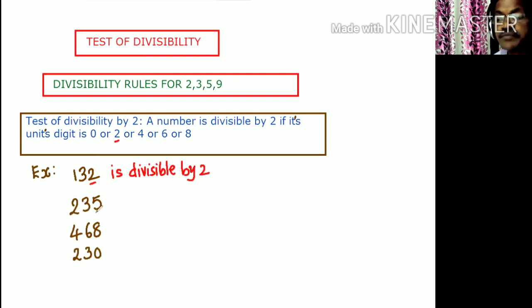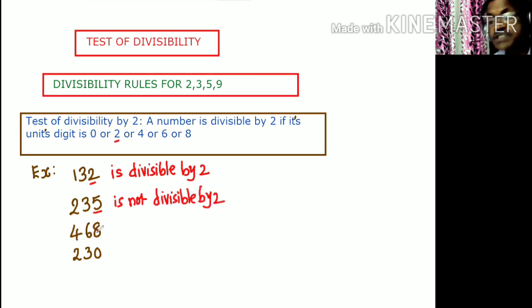In 235, units digit is 5. That means odd number. If the units digit is even number, it is divisible by 2. It is odd number, it is not divisible. So here in 235, 5 is odd number. So it is not divisible by 2.